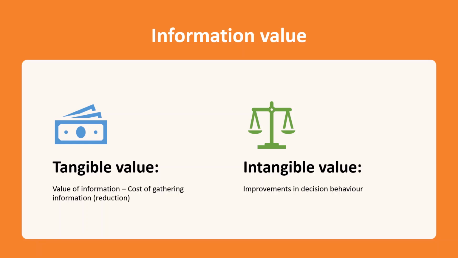So, for example, if you look at using information systems, the cost of gathering information, if it is reduced, if you're reducing a cost, that means that's a tangible benefit. Or for example, if you're reducing the administration cost for an organization, that's a tangible benefit. So the tangible value of information is the benefits that you get that can be given monetary value.